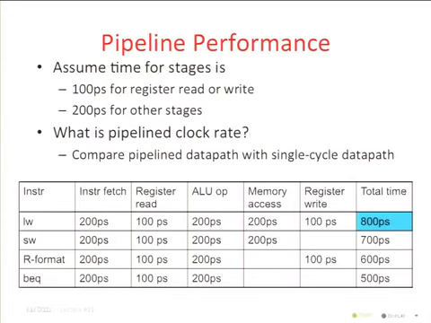And if you were running instructions one at a time, then your clock tick would have to be long enough so that your slowest instruction could finish, because at some point you'll be running one of those slow instructions. Okay, so if we did it this way, we would end up running with a clock cycle of 800 picoseconds. Okay, and that's what this is a picture of. So we run one instruction, then we run the next instruction to completion, then the next one.